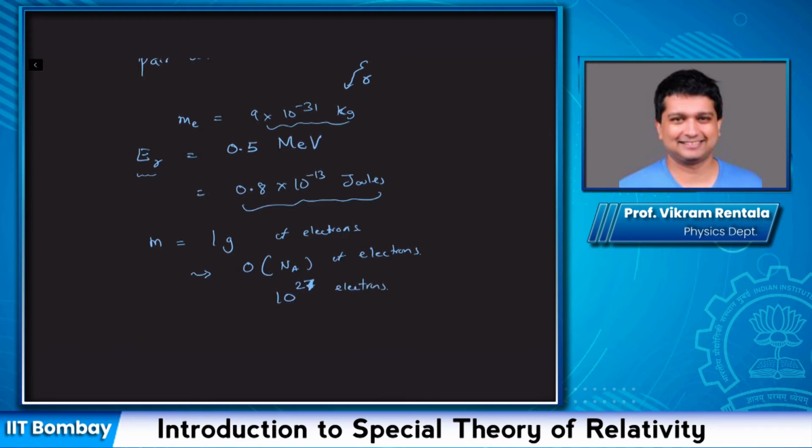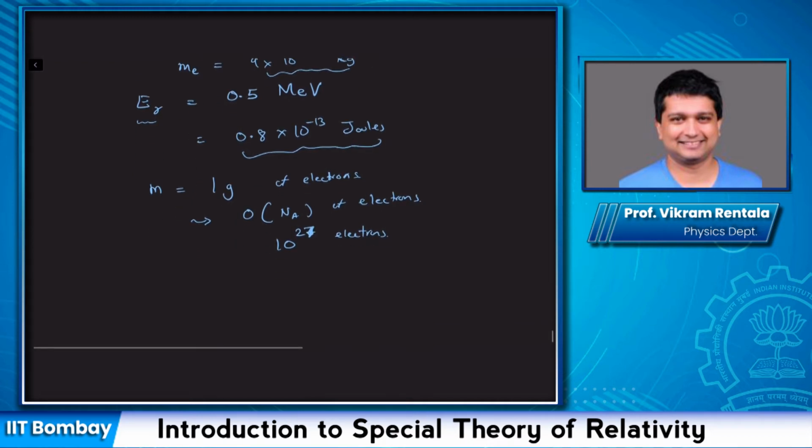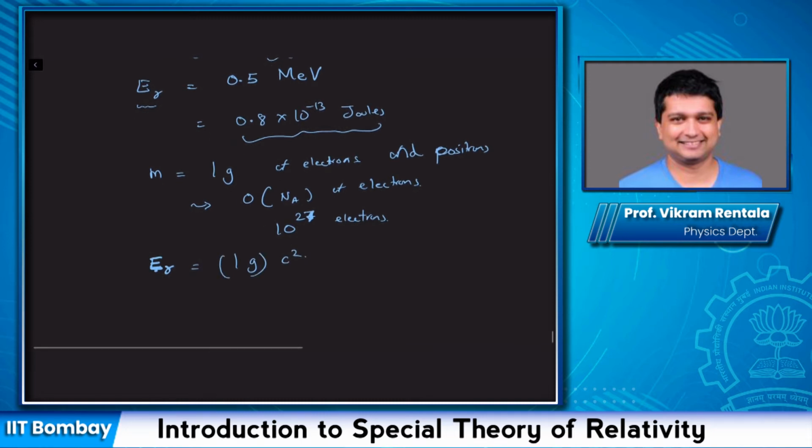We would be converting the mass of these into photons. So the total energy in all the photons that you would produce in the annihilation of 1 gram of electrons and positrons would be m times c squared.